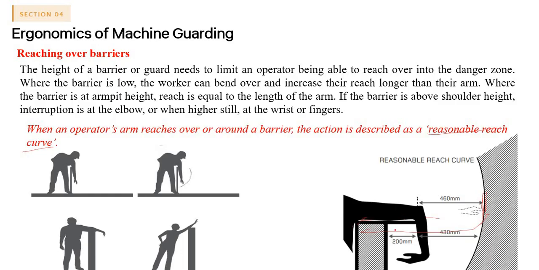Normally 660 is the minimum. If someone moves his hand from the fence or guarding, at least from this edge 660 should be there. That is the reasonable reach curve. If you want to design, it should be more than 660. That is called the reasonable reach curve.